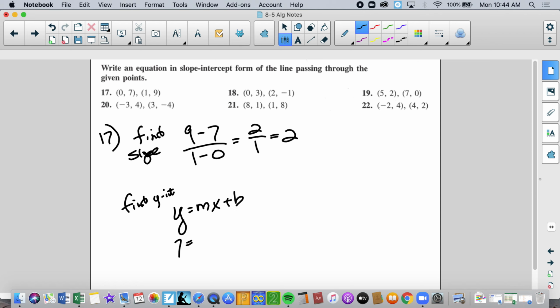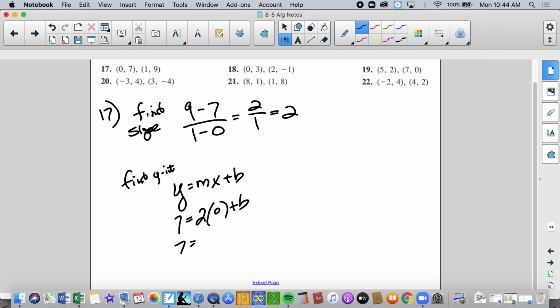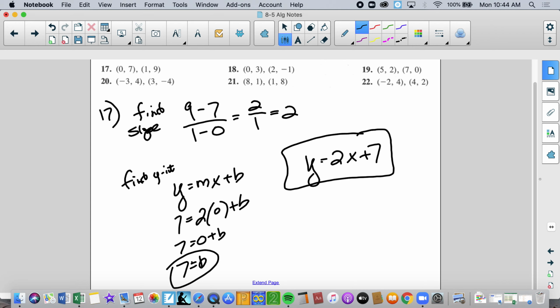My y value is 7. My slope is 2. My x value is 0. I don't know what b is. 7 equals 0 plus b. 7 equals b. I have my y-intercept. So the equation for the line is going to be y equals 2x plus 7. So the line that contains the points (0, 7) and (1, 9) in slope-intercept form would be y equals 2x plus 7.